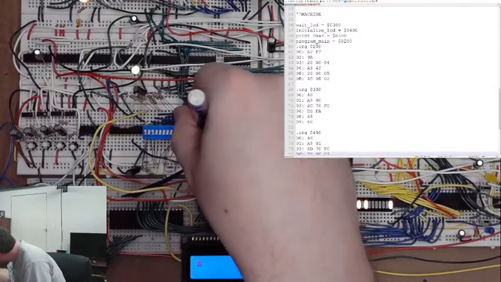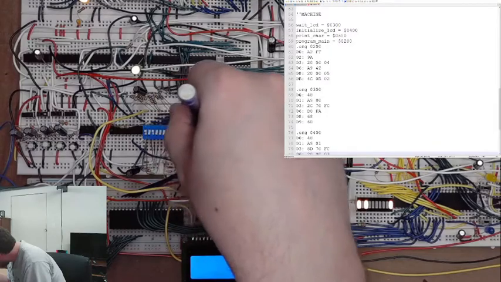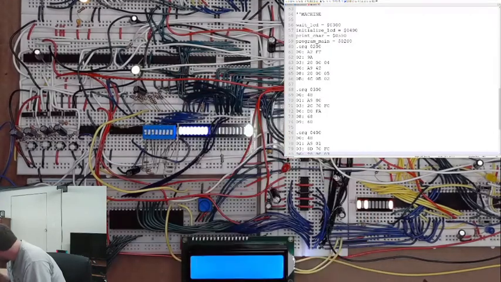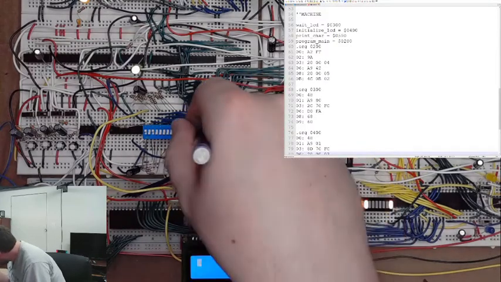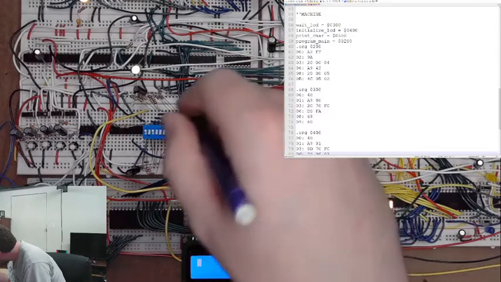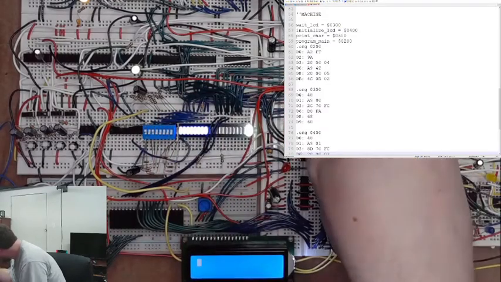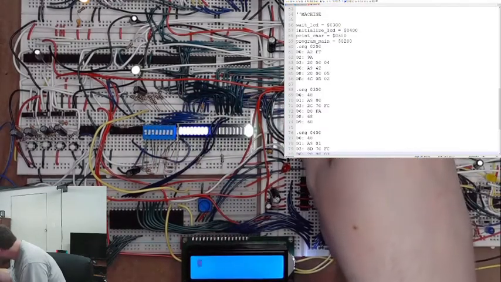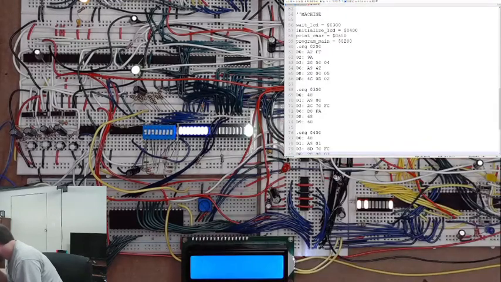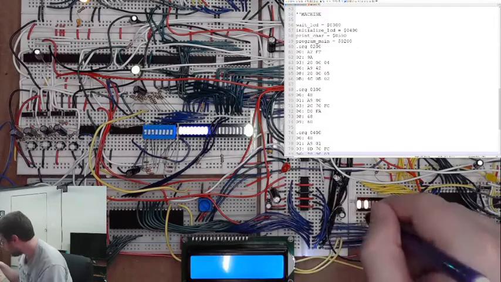What do we need? What do we got here? We got a 0 and an F. This is all as it should be. Somehow. Don't know how. Yeah, we do have the bus enabled. We're currently at 5.